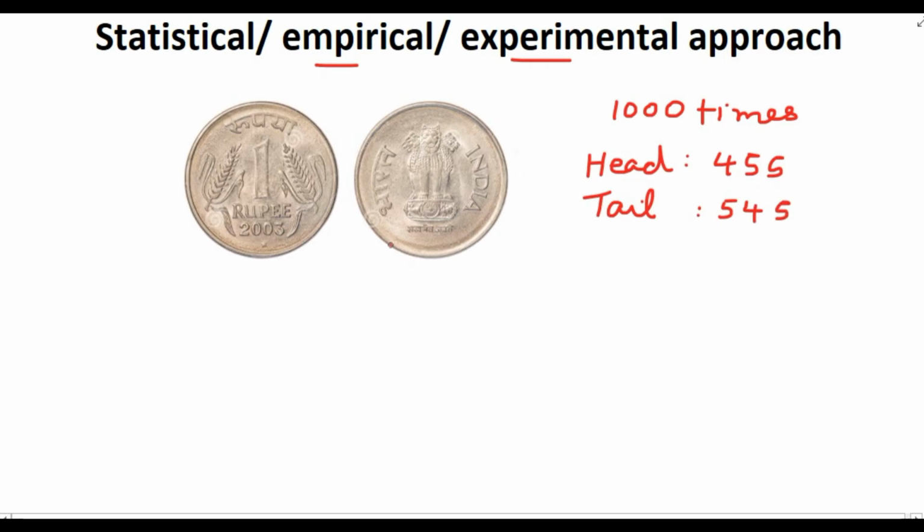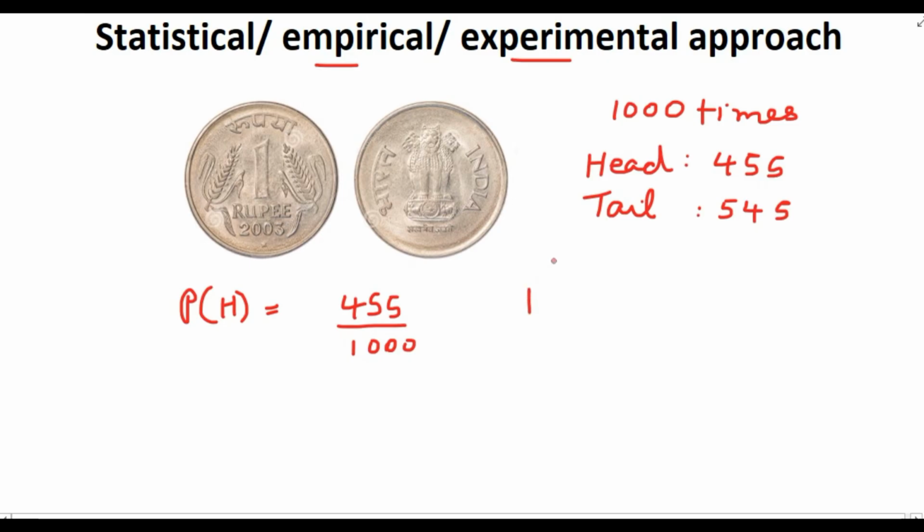So what is my empirical probability of getting the head? It is 455 divided by 1000, that is, the number of trials in which I got head divided by the total number of trials. The total number of times I tossed the coin is 1000, and I got head 455 times.